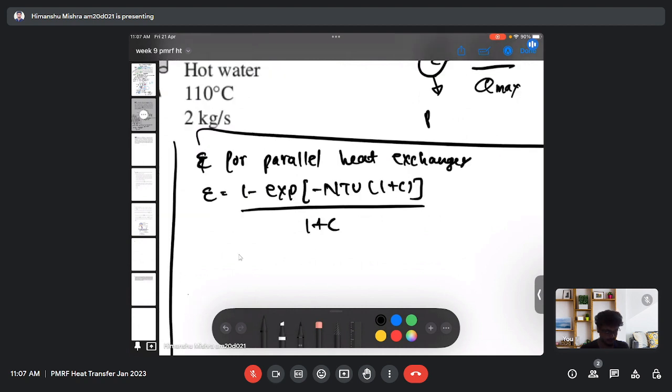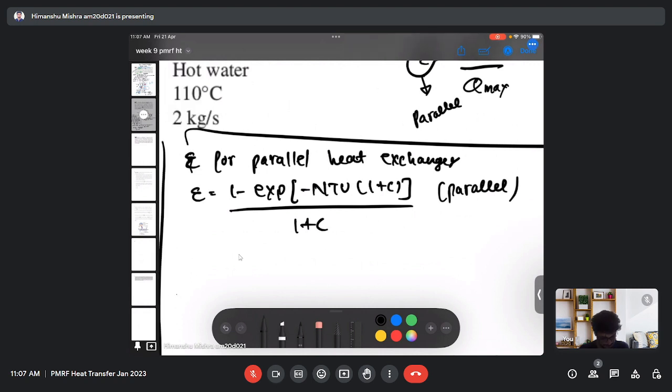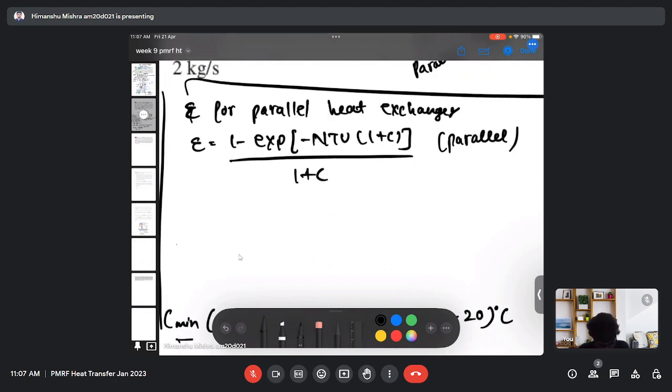This relation is for the effectiveness of a parallel heat exchanger. This works only for the parallel heat exchanger. So we just need to plug in the values. We calculated NTU as 1.55 and my ratio of heat capacity rates was 0.646.